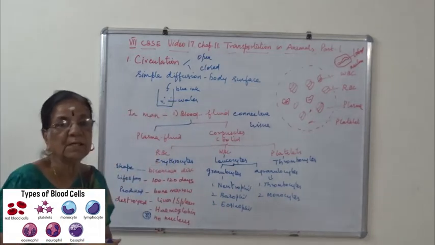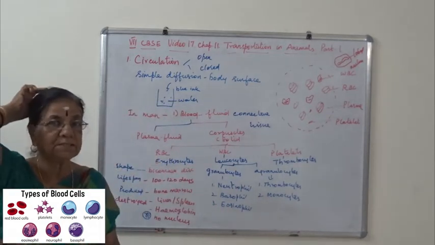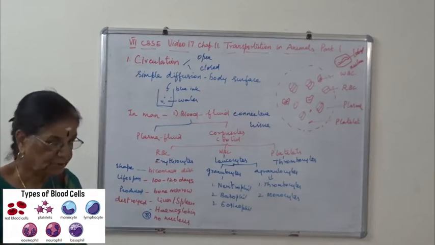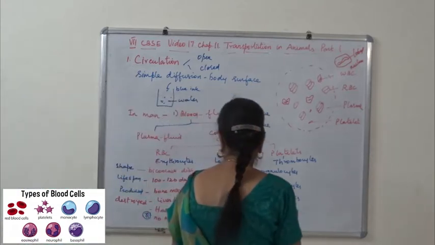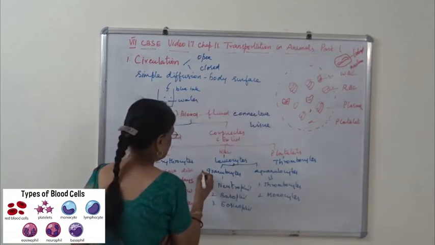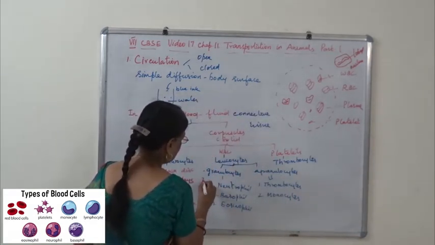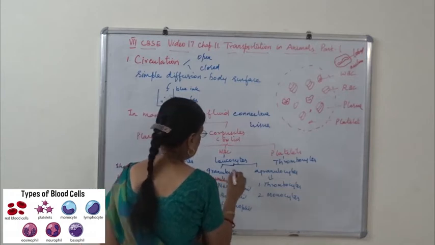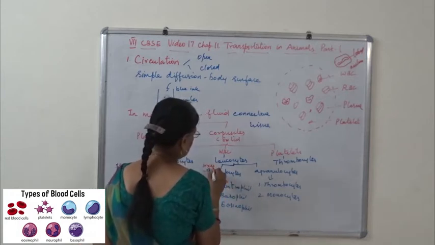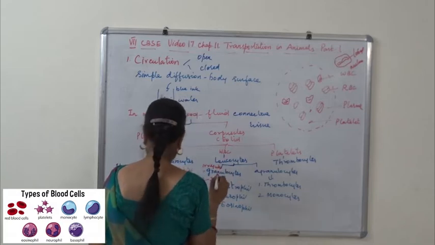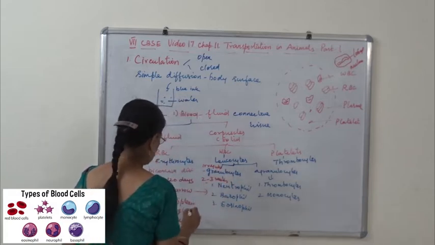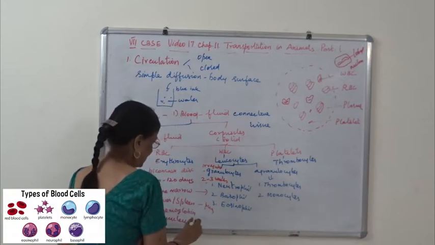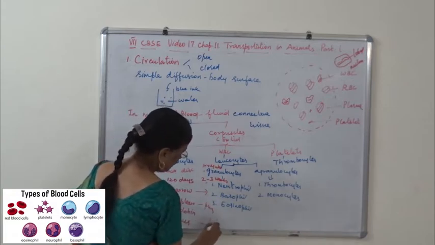Leukocyte shape. It is having irregular structure. Okay. And lifespan is 2 to 3 weeks. Irregular structure, produced by bone marrow, destroyed as pus. Right? And then it has lobed nucleus.